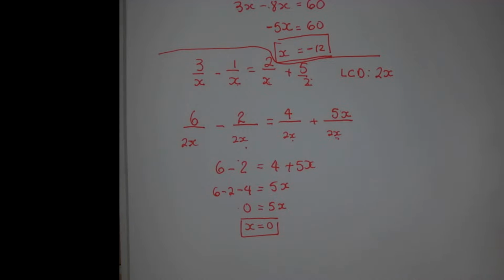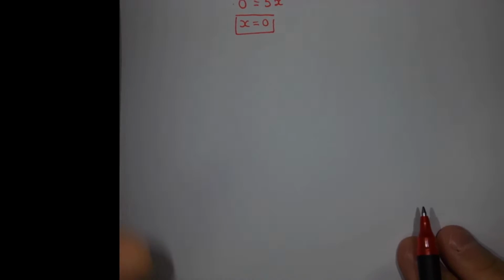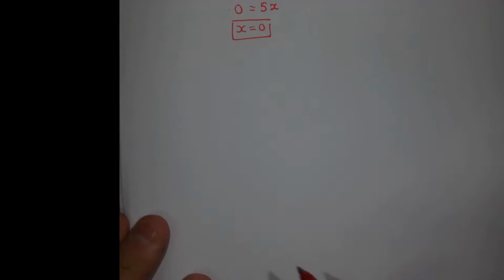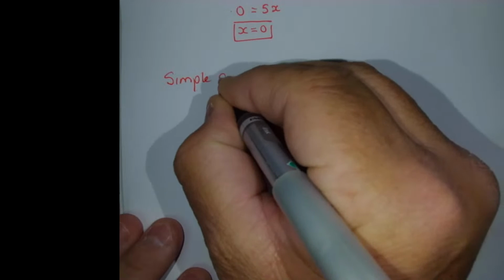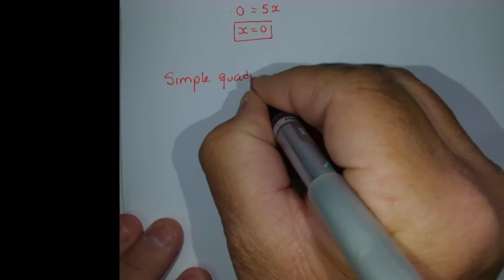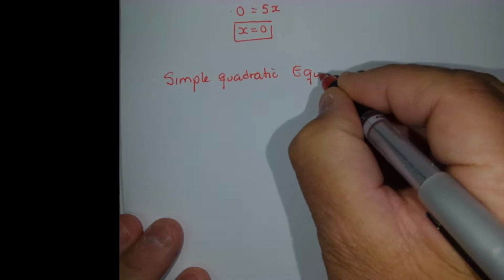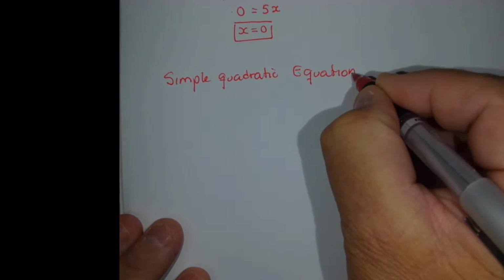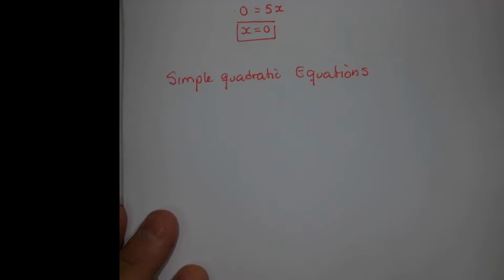Now, the last example that we're going to look at today is some examples of simple quadratic equations. In this case, for the interest of this course, we're only going to look at one thing, and that is when my equation is written in the form of factors.